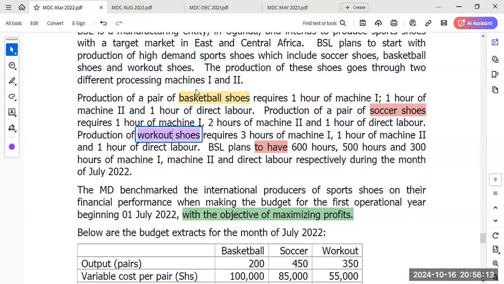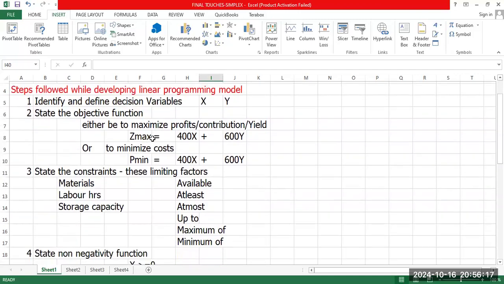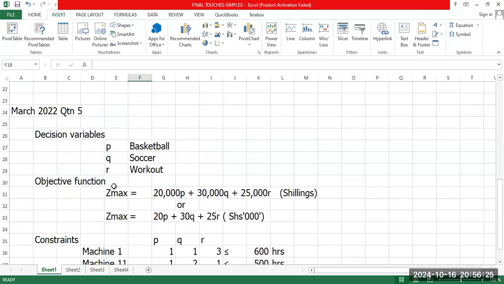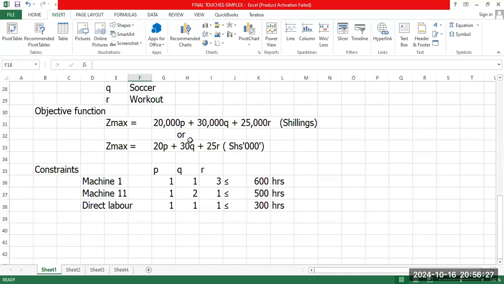So based on the steps that we follow while formulating a linear programming model, you see that we are left with stating the non-negativity. But after doing this, colleagues, you can now summarize.